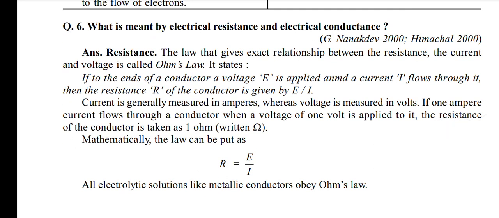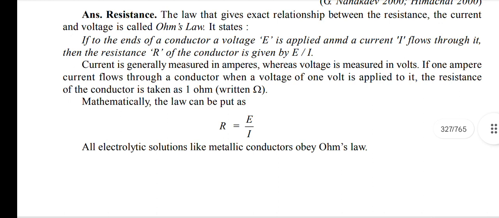Resistance: the law that gives the exact relationship between the resistance, the current and voltage is called Ohm's law. It states that if to the ends of a conductor a voltage E is applied and a current I flows through it, the resistance R of the conductor is given by E by I. Current is generally measured in amperes, whereas voltage is measured in volts.